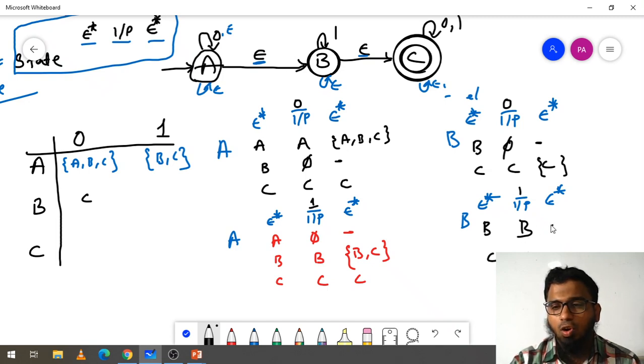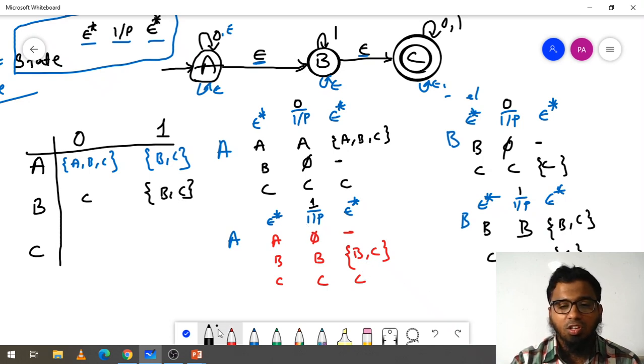Already we found it, B comma C, and here we will get C. So what is B on 1? What answer are we getting? B comma C.